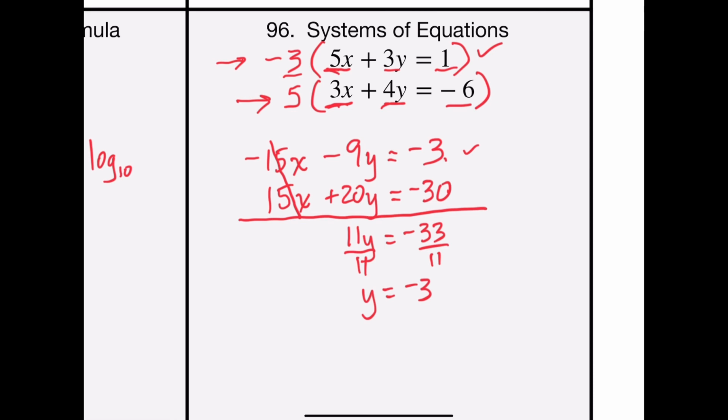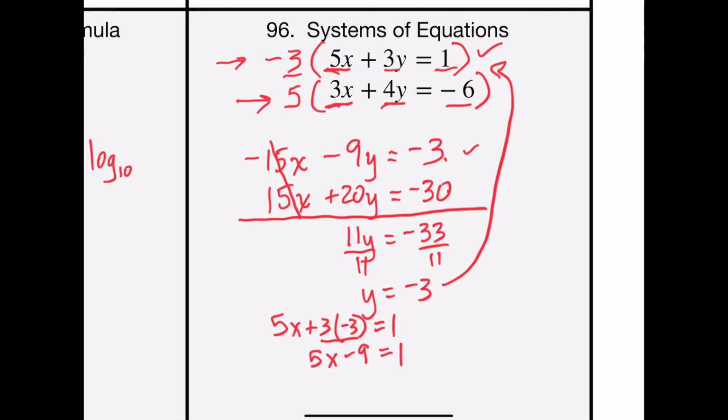Since I now know that y equals negative 3, I can back substitute that into either one of these equations. I'm going to choose the top one. You could use the bottom one. I'm just going to use the top one. So now I can solve for x. 5x plus 3, y we just found to be negative 3, equals 1. 3 times negative 3 is negative 9.